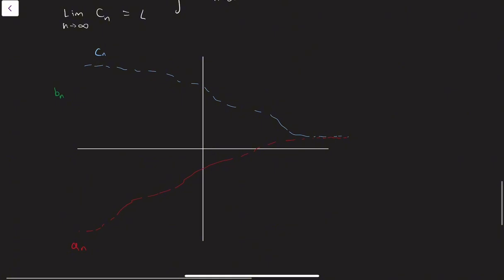Well, since b_n is bounded by a_n and c_n, we can say b_n is between these values. It could be oscillating or it may not be, but it's stuck in between these values. Well, it turns out it will approach the exact same value as c_n and a_n if c_n and a_n converge to the same value. That's just because it's bounded, right? As you continue to grow to infinity, it has to approach that same value.